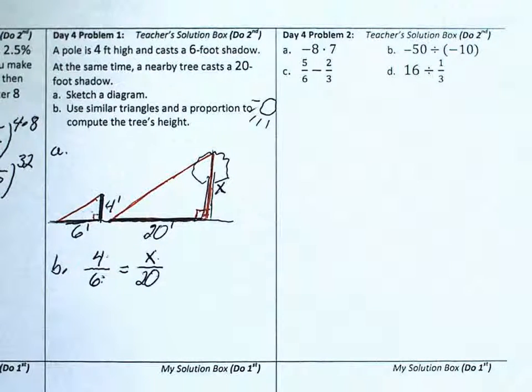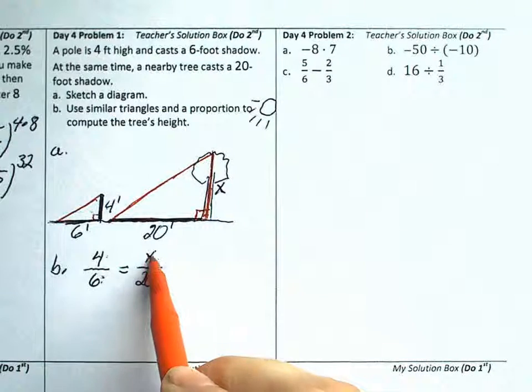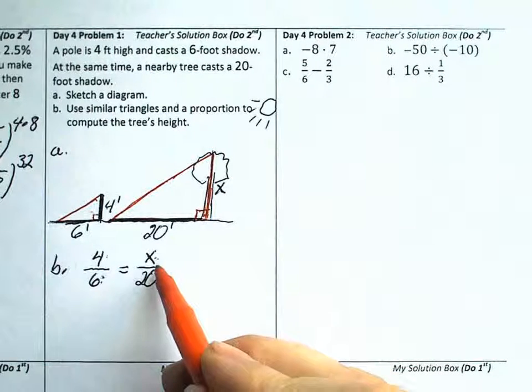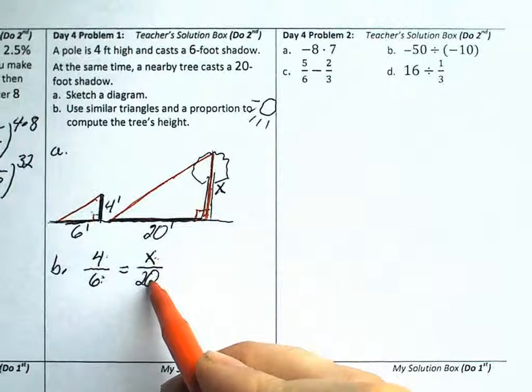Now there's a lot of ways to solve proportions. Sometimes it's possible to see patterns that are evident, and then you can use those patterns to quickly find an answer for the variable. And other times it's fastest just to solve the proportion as an equation. And that's what I'm going to choose to do here. Here is an equation that has the variable x, and next to the variable x there is divide 20.